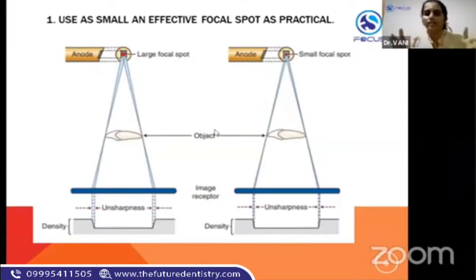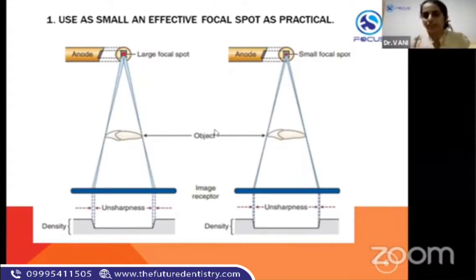See, if you reduce the surface area of the focal spot, will it favor or will it cause any other damage? Any idea, anyone? What happens if we reduce the size of the focal spot as such? Very good. Heat generation. Correct.